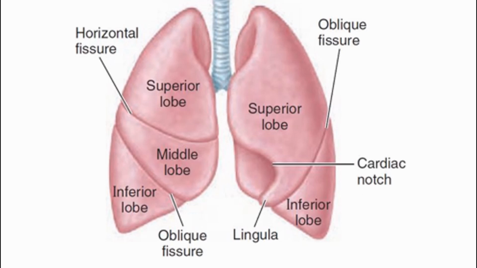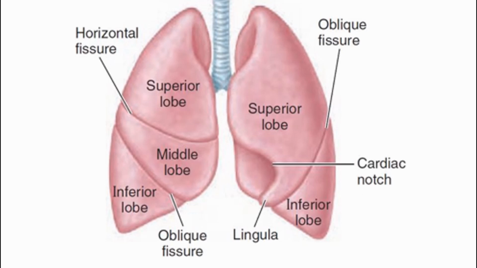Fissures are deep indentations of the lung tissue, and between the superior lobe and the middle lobe there is what is called the horizontal or transverse fissure, and between the middle lobe and the inferior lobe there is another fissure called the oblique fissure.